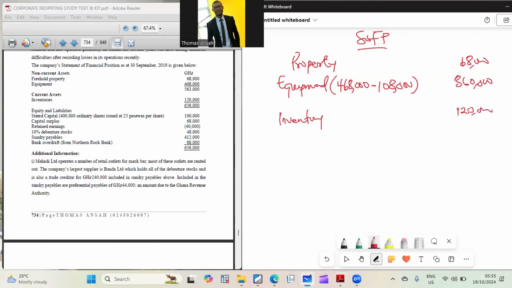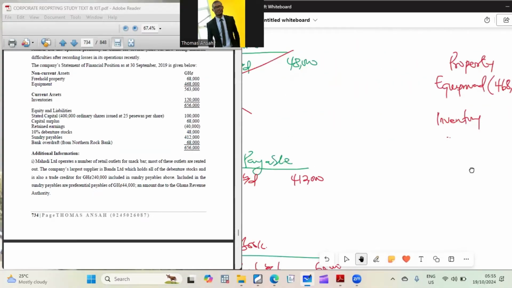All right. So the next thing we need to do is to find out if our cash will result in a positive balance or a negative balance. If it will result in a positive balance, cash will come here. If it will result in a negative balance, cash will be on the overdraft side, the liability side. So that's all.